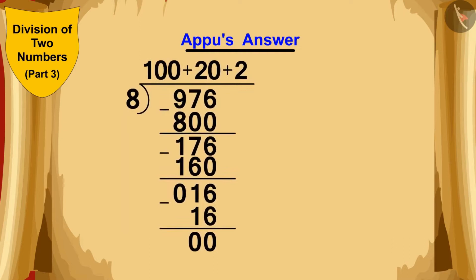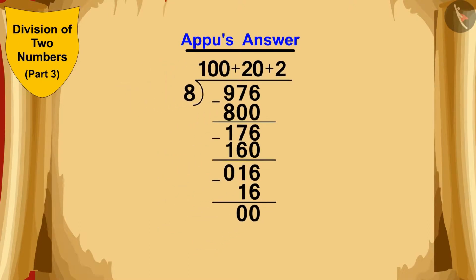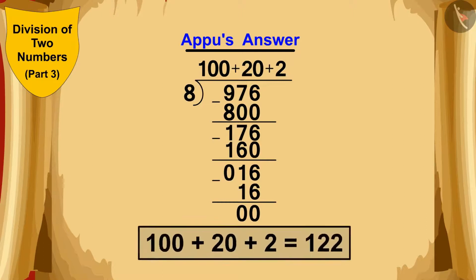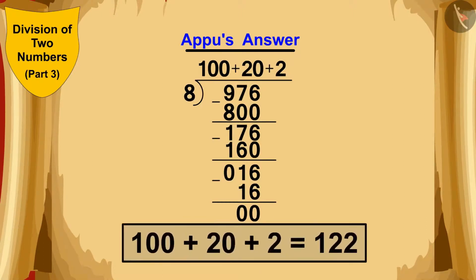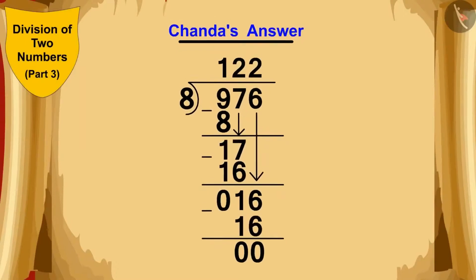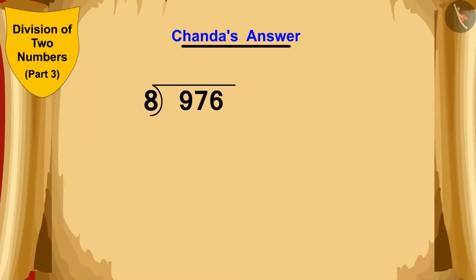In this way, according to the process of Appu's division, the 976 chairs can be equally divided into rows of 8 chairs each by adding the numbers 100 plus 20 plus 2. That is 122 rows. Now, let's see how Chanda did this division.